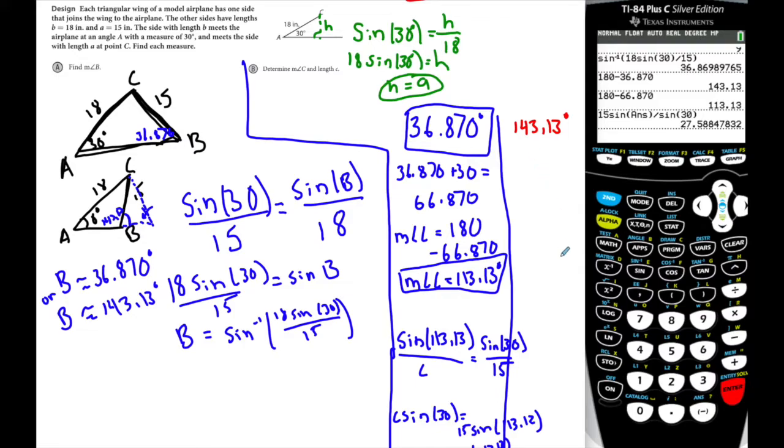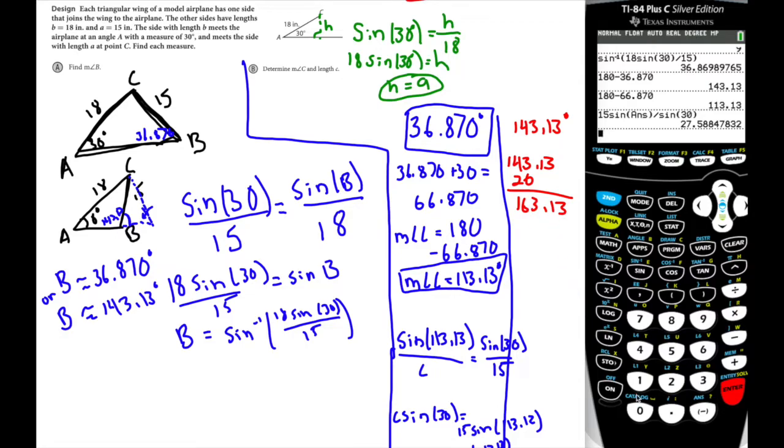143.13? So if it was 143.13, then the total of the angles would be 143.13 plus 30, so that'd be 173.13. Now, if that was true, I would have the remaining angle.